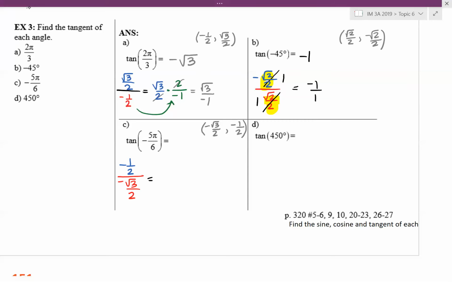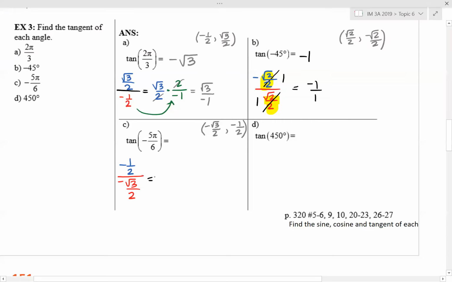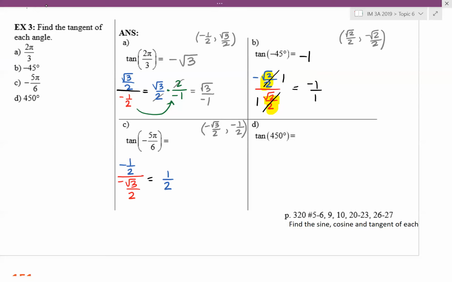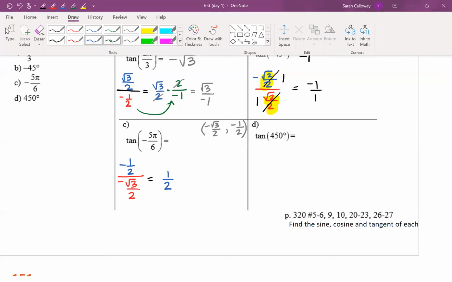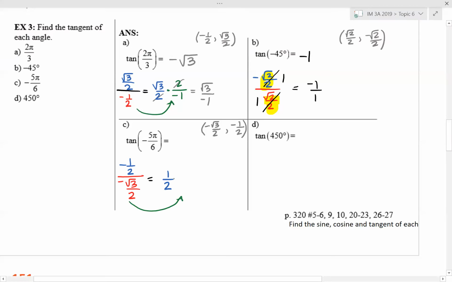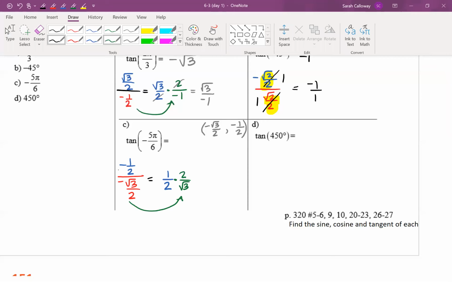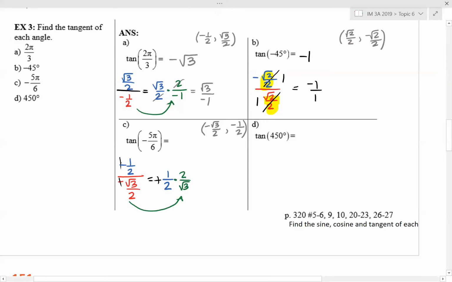So when I simplify this, I've got my 1/2 times the reciprocal of the denominator, so times my 2 over radical 3. And again, since they're both negative here, I know that this is going to be a positive value. So when I simplify this, the 2's reduce, but I'm still left with 1 over the square root of 3.